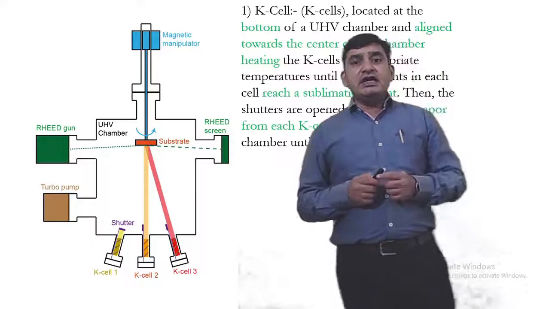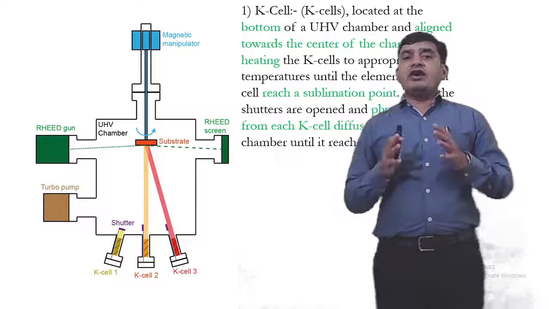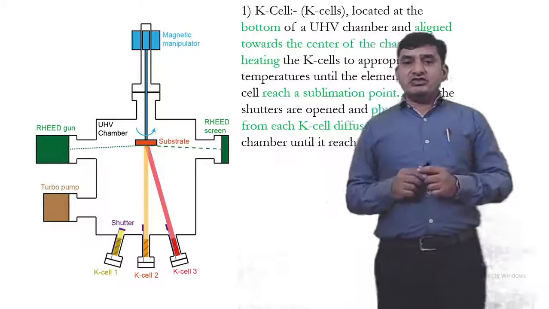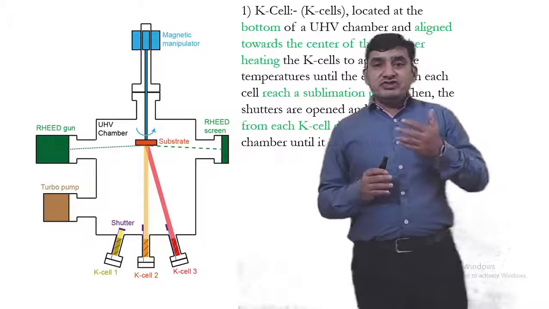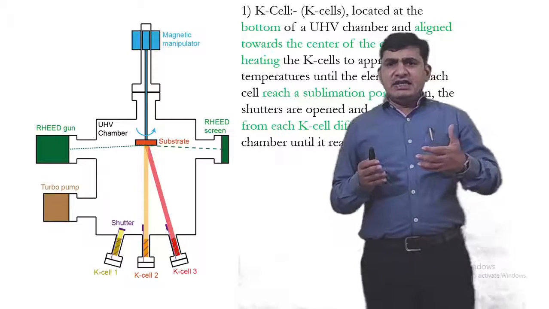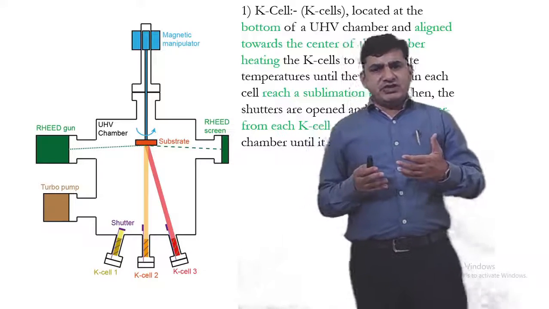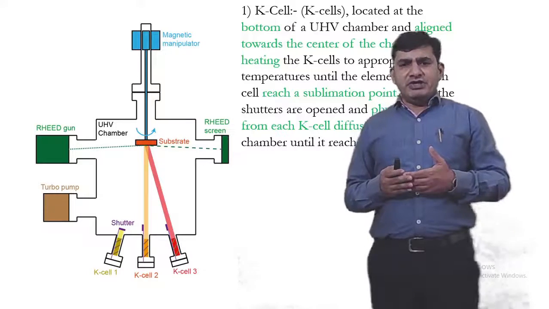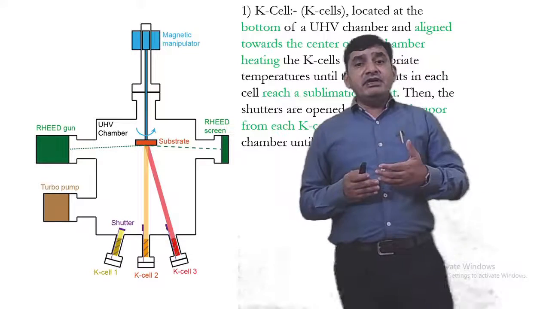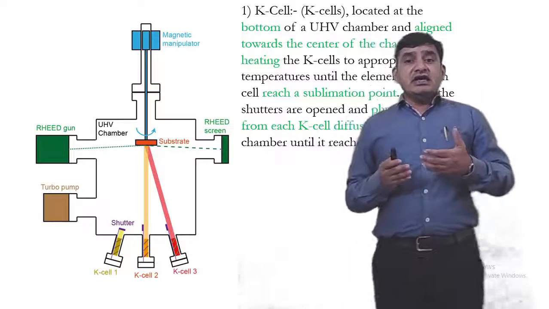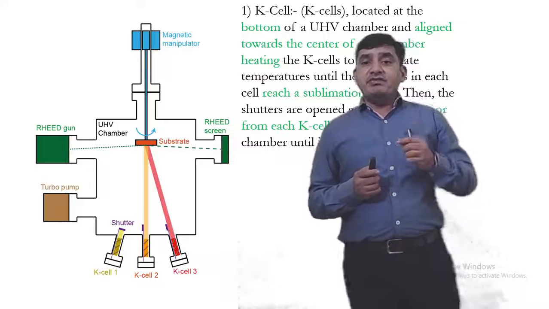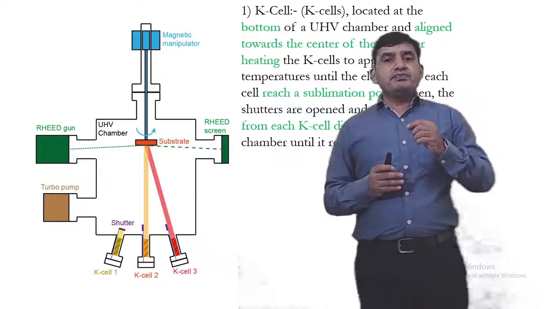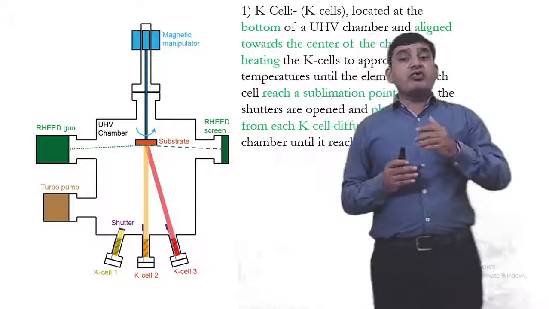So the K cells are located at the bottom of the ultra high vacuum chamber and aligned toward the center of the chamber. The K cell is heated to an appropriate temperature until the element in each cell reaches the sublimation point, then the shutters are opened.